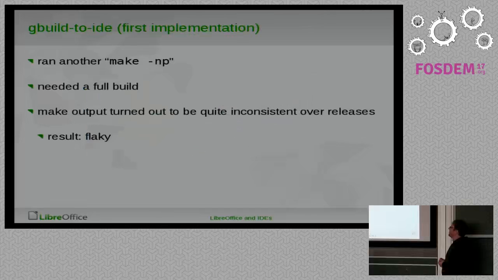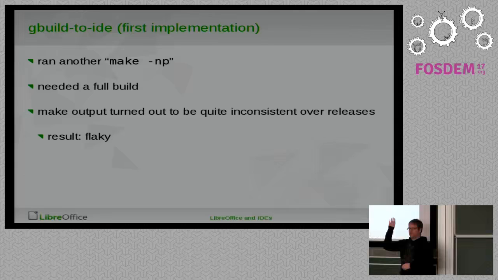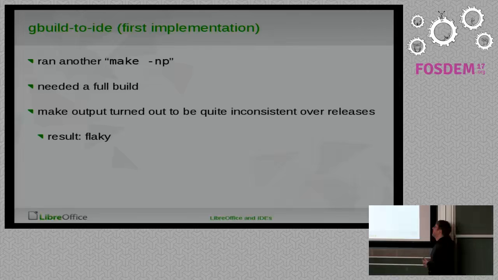So what it did was you ran make -np, which prints out all the build information, and then it parsed that and tried to build the IDE solution from that. Turns out that something as simple as make -np isn't really stable over different versions of make.